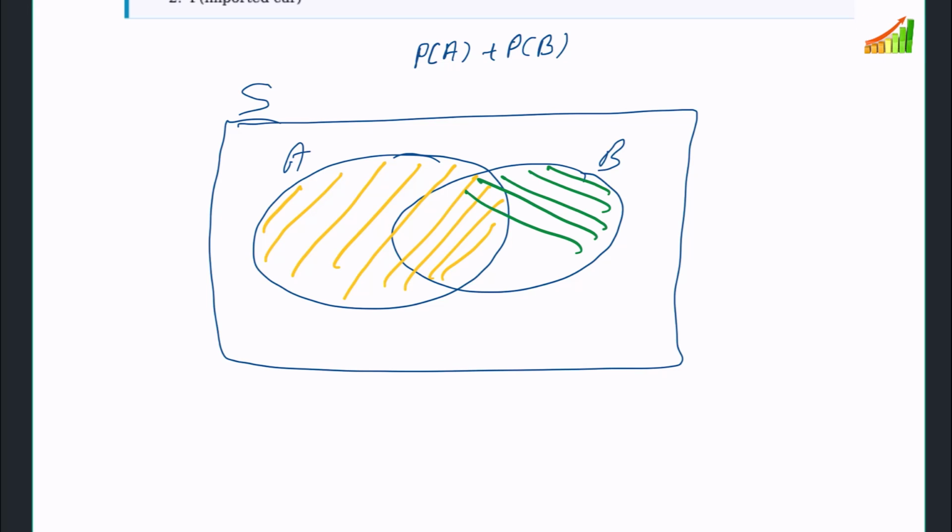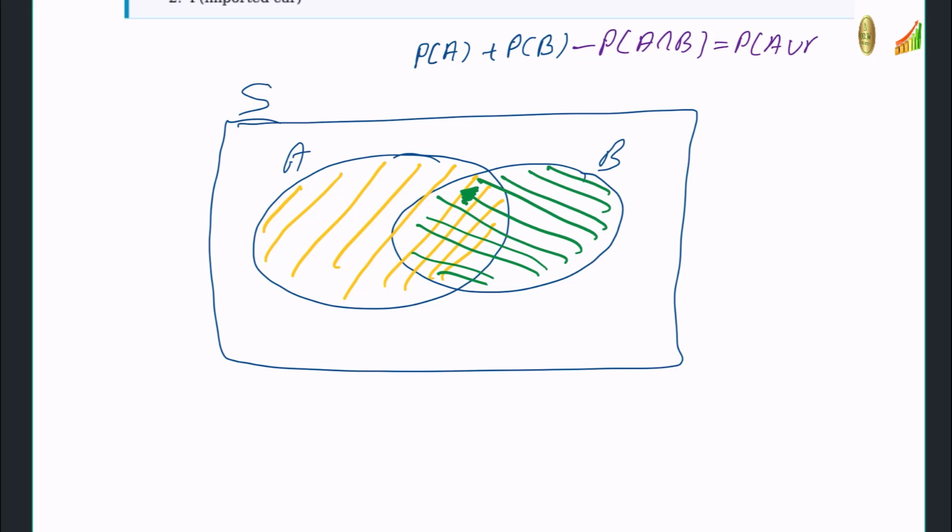Here, the whole thing. If you add these two together, you see this middle part, or common part, was added twice. But we need to add that part just one time. Therefore, we subtract the probability of A intersection B. Then this equals the probability of A union B. So that is the explanation using a Venn diagram.